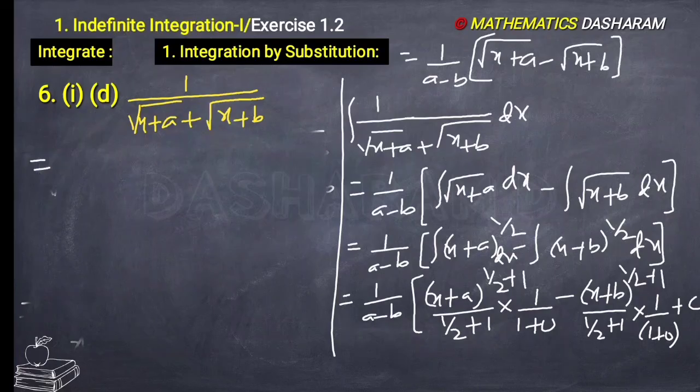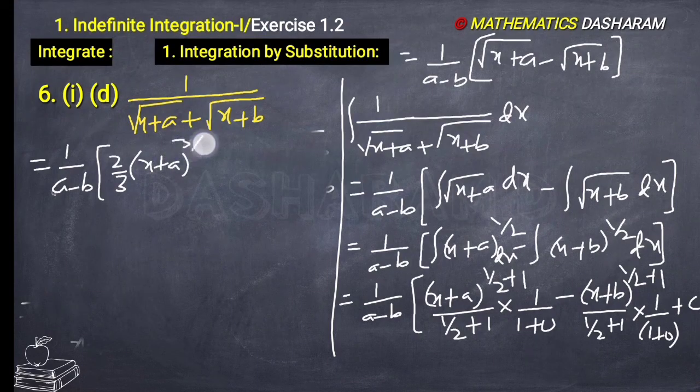So then our required answer is 1 by a minus b, here 2 by 3 into (x plus a) whole power 3 by 2 minus 2 by 3 into (x plus b) whole power 3 by 2 plus c.